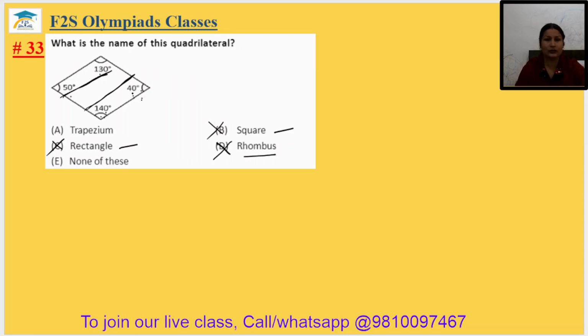So here 130 plus 40, 170 degree, and here it is 190 degree. Means this pair is not making a linear pair or a straight line or 180 degree, but these two pairs are making 180 degree. That's why it will be trapezium. 33rd answer is option A.